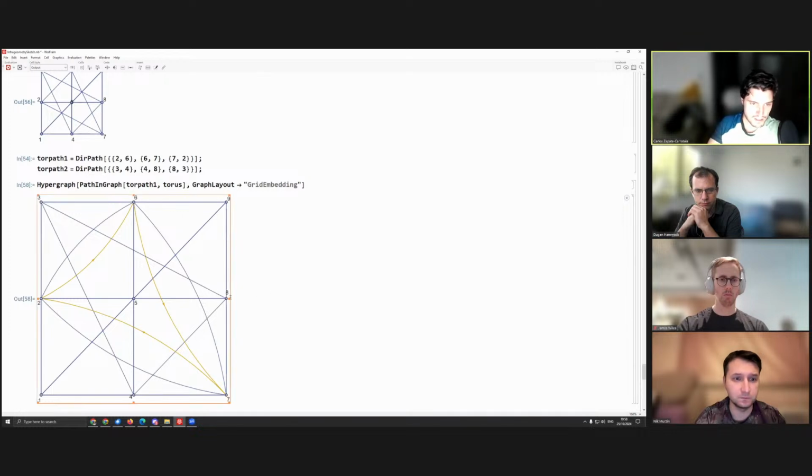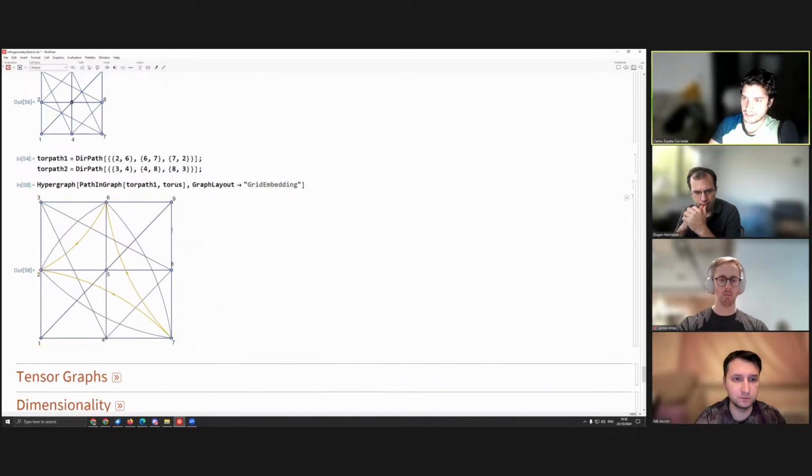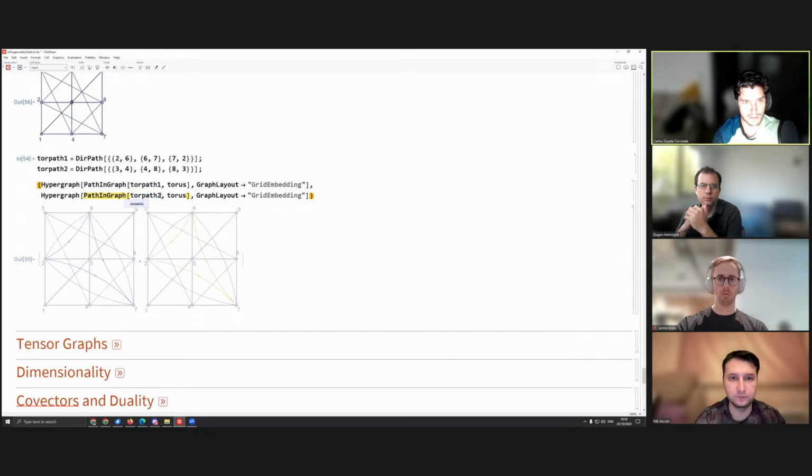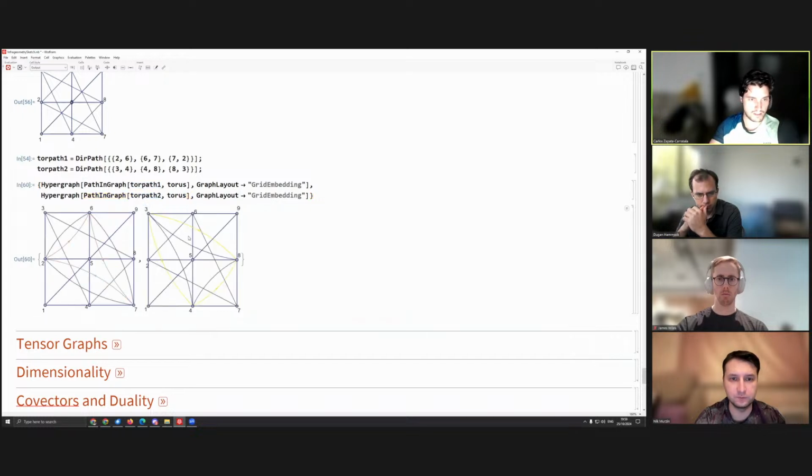All right, so hope that's clear. We have our path in our torus. Why not show both side by side? All right, so, okay, clear enough, right? We have the 2, 6, 7 and the 3, 4, 8 paths in our torus.